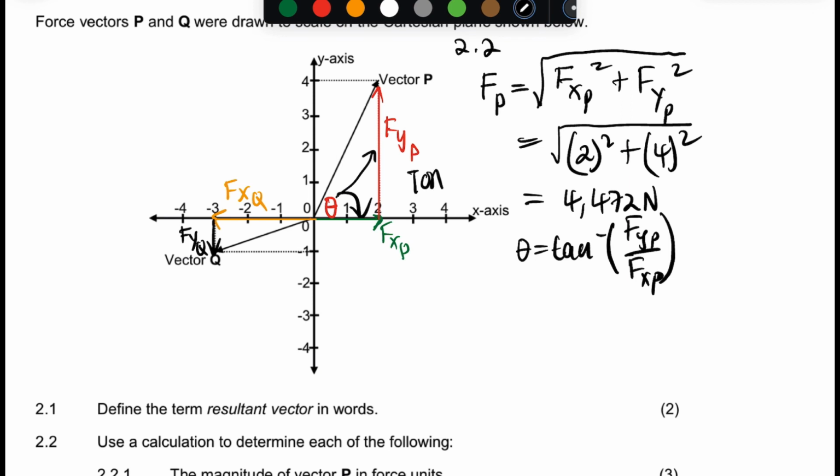So theta is tan inverse of 4 divided by 2, which is tan inverse of 2. So the angle there will be 63.43 degrees. Okay, that was not the question.